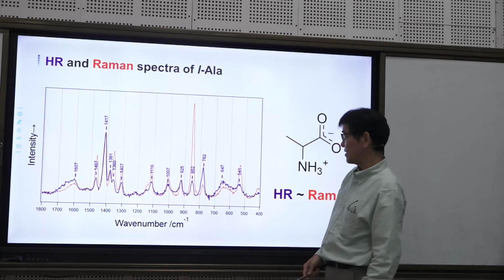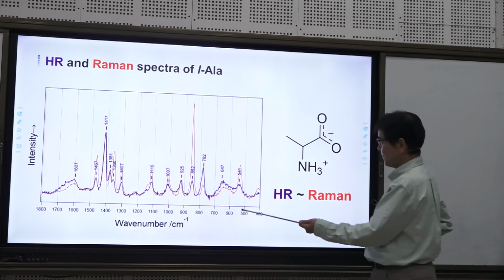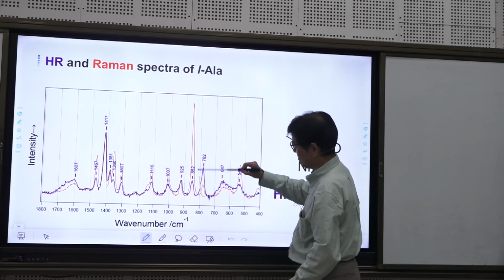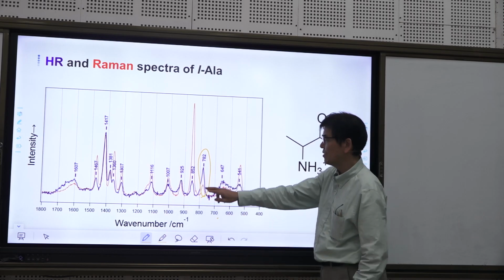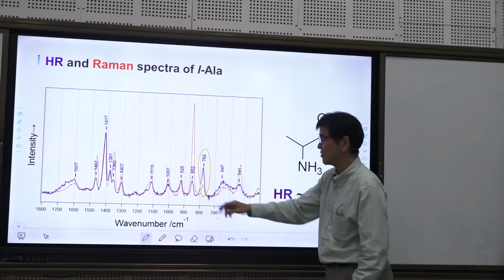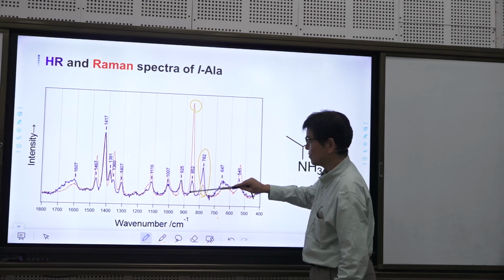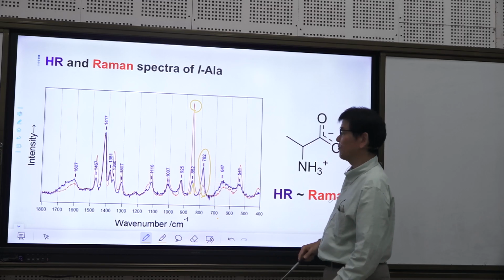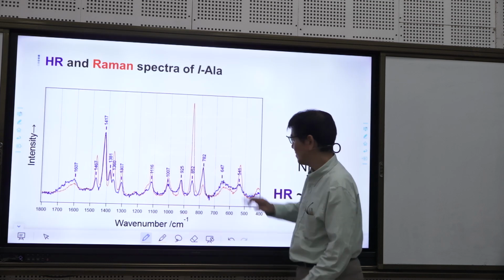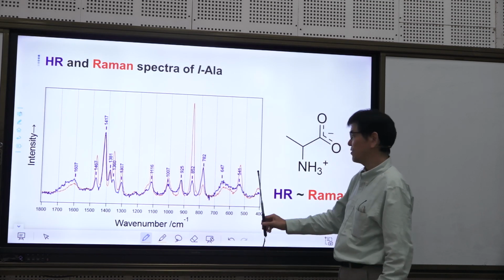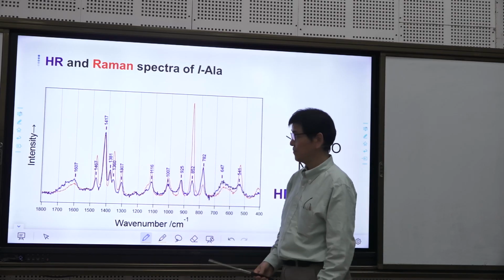Okay, is there any difference? The intensity is different, right? The blue spectrum exhibits a larger signal. This large signal in the Raman spectrum is small in the blue spectrum. But as you see, the vibrational frequency is the same between the two results.